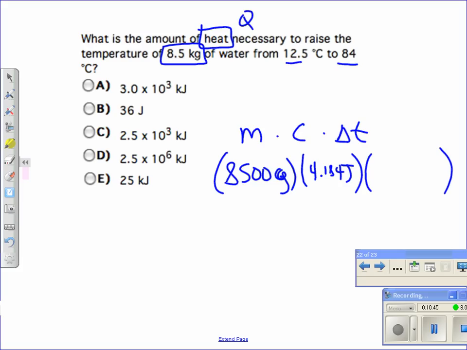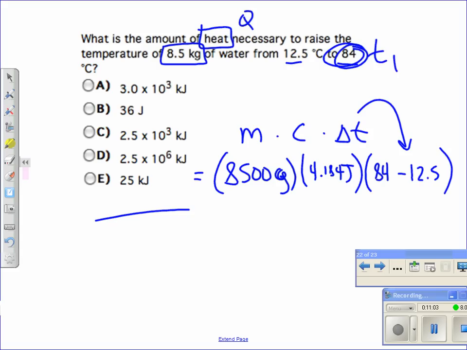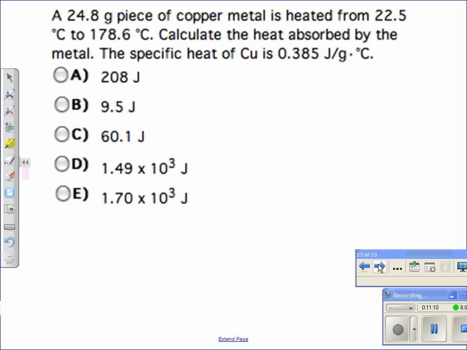They're raising it from 12.5 to 84. The second number is going to be the final, so I set up 84 minus 12.5, and then I just do the multiplication, and I get the answer. So the setup is m is mass in grams, c is specific heat for water, you're expected to know that, and delta T is from 12.5 to 84. The second number is always going to be the temperature final. This is going to be your temperature initial.